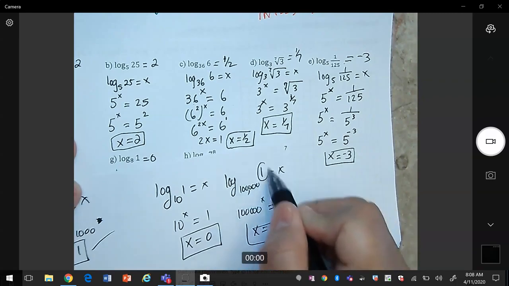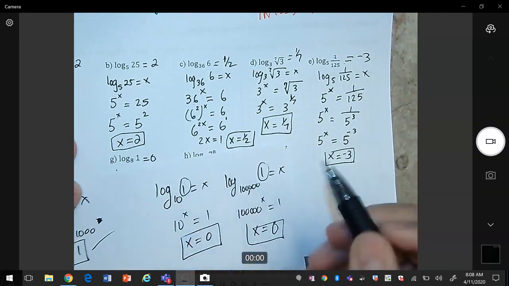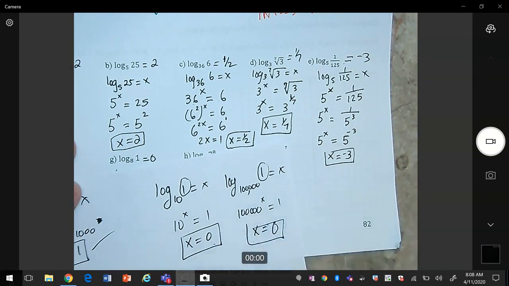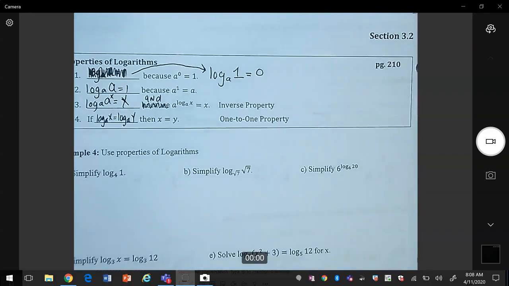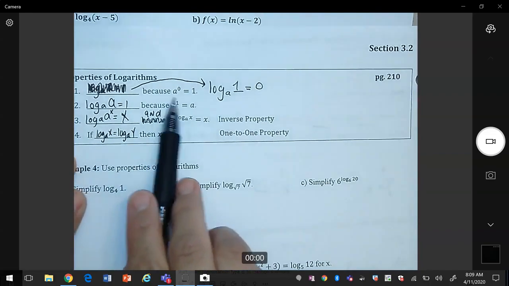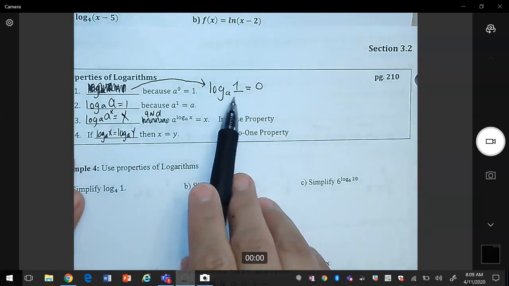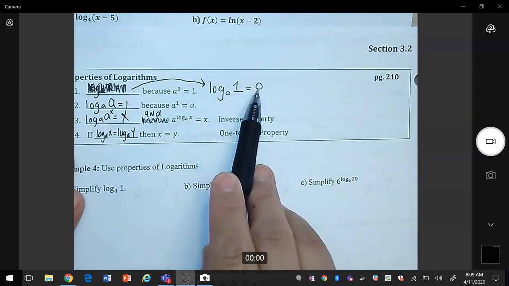So if you have a 1 here, then your answer will always be x equals 0. So that leads us to the first property on the next page. Log base a of 1 is always going to be equal to 0.